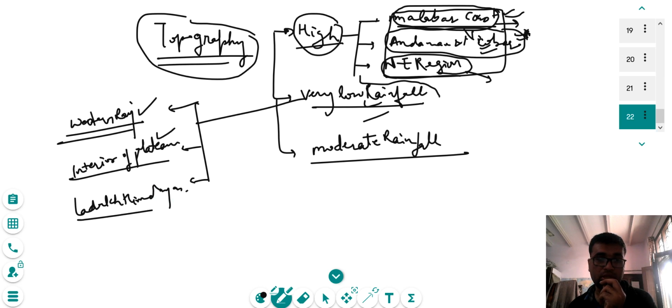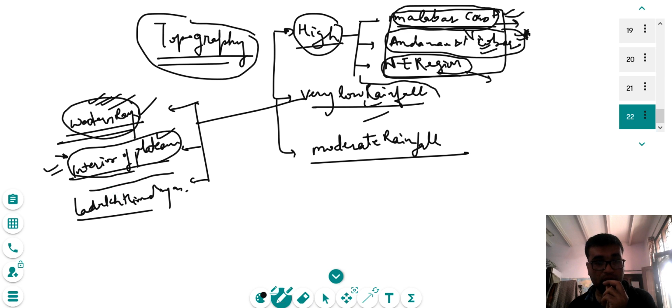The reason is that western Rajasthan is too far from any monsoonal wind which can reach it. In case of the interior of the plateau region, it is on the leeward side of the Western Ghats, leading to dryness in the interior of the plateau. When it comes to the Ladakh Himalayas, they are again on the leeward side of the Himalayas.